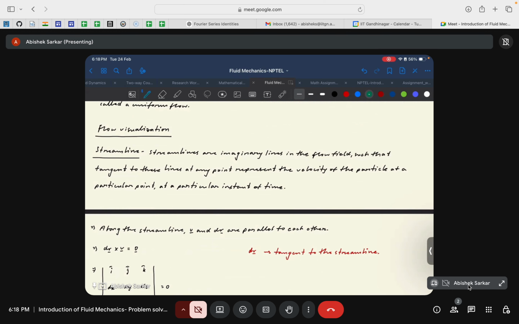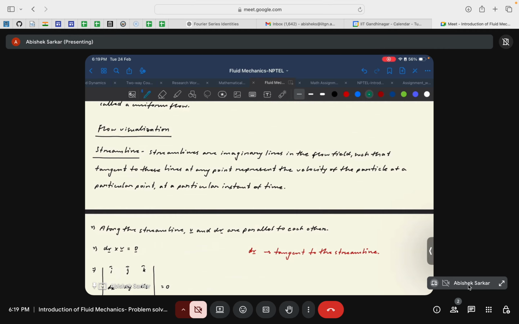Considering the same velocity field, derive the expression for streamlines, streak lines, and path lines. I think that's a very good way to understand the concept, rather than dealing with different questions. It's better to understand the different concepts through the same problem, so that it clarifies many doubts.